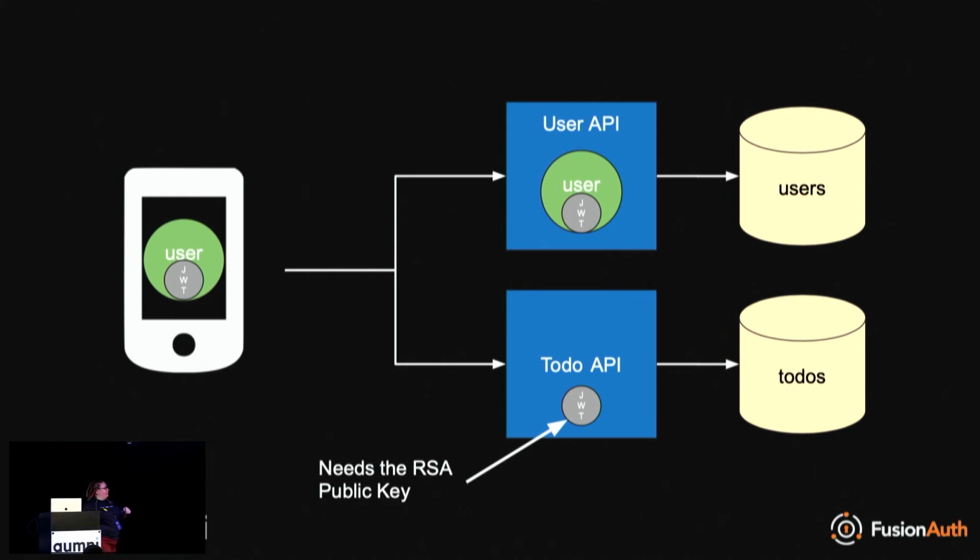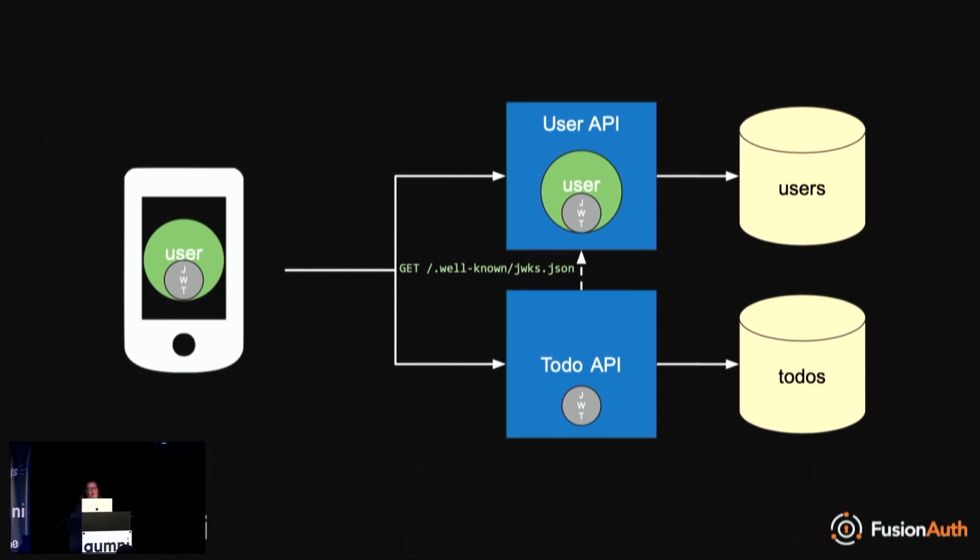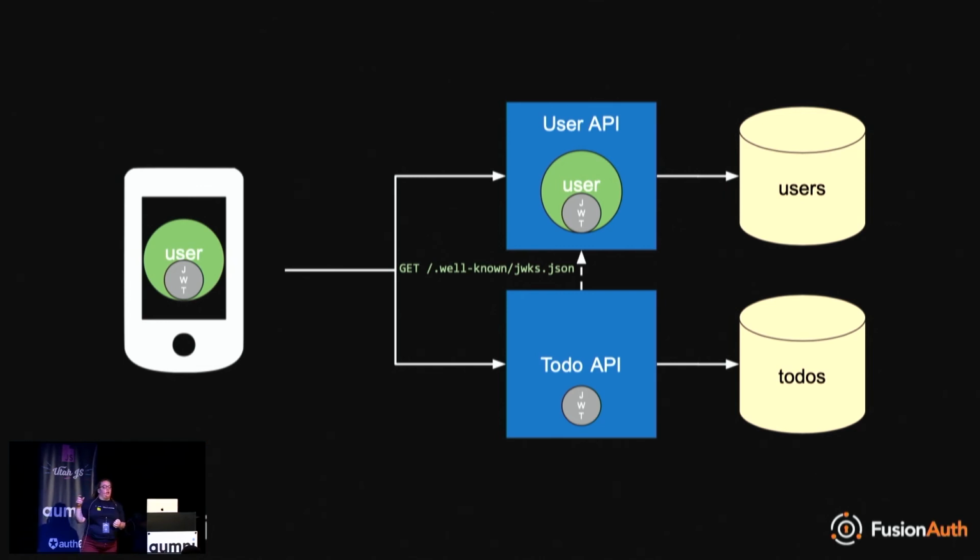So then, when that JWT is issued to the user and the user passes it to the to-do API, the to-do API will see, oh, this has been signed with a private key. Let me go find the public key that has been published on the web by the authorization server. Then they can use this public key not to decrypt the private key, but to verify that this was signed with the private key.